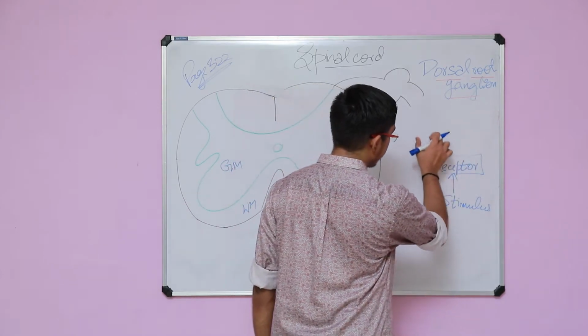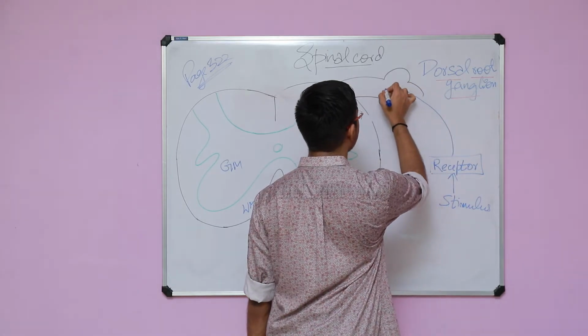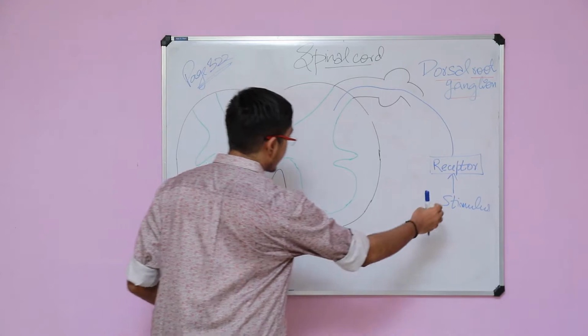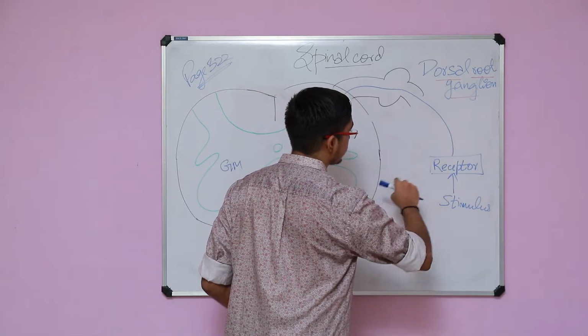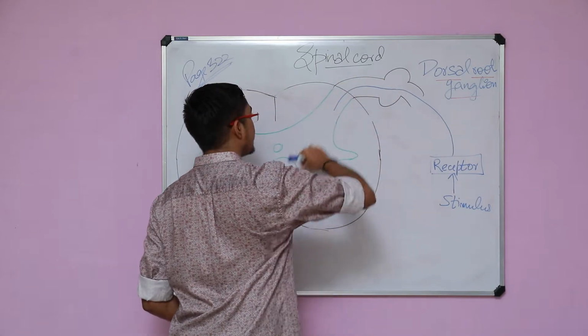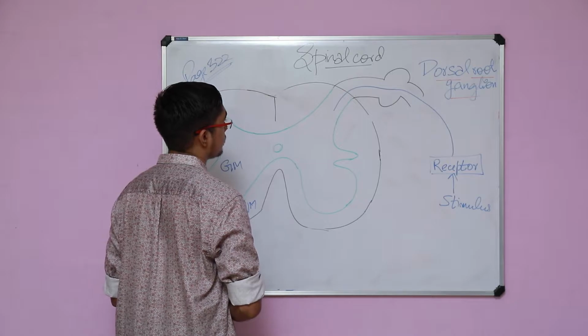There is a nerve which is connected to the receptor, and this nerve will be going through the dorsal root ganglion into the dorsal horn of the spinal cord. The stimulus is applied on the receptor. The nerve is passing from the receptor through the dorsal root ganglion into the dorsal horn of the spinal cord, right.